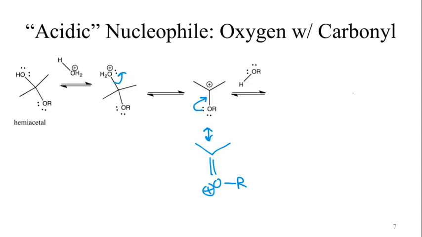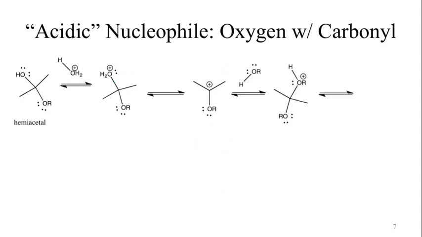We can now finalize our substitution and we can take the lone pair from another alcohol molecule, react with our carbocation, and generate almost our full acetal. Again, we have one more step.